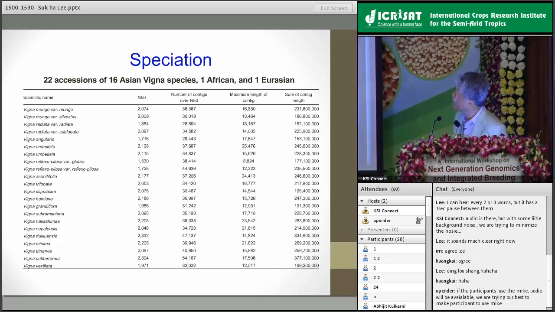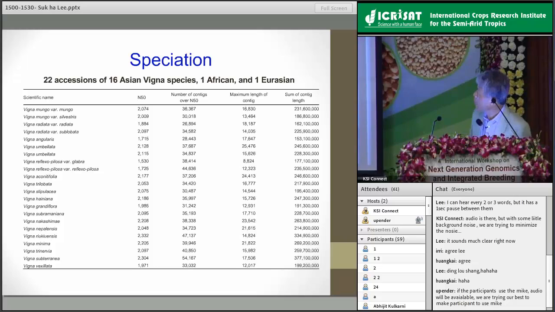So to understand the speciation of Vigna species, we collected about 22 accessions, including 16 Asian Vigna species, 1 African, and 1 Eurasian Vigna species. Here is the list of the Vigna species. RNA sequencing transcriptome analysis has been done for these 22 accessions.